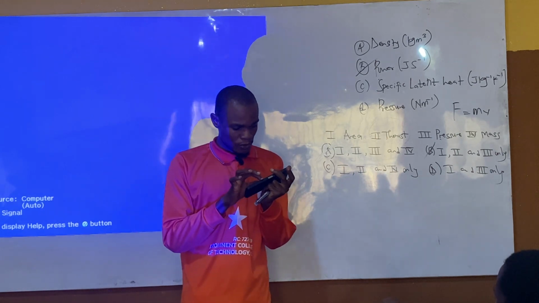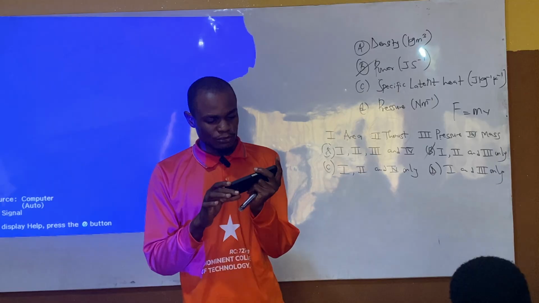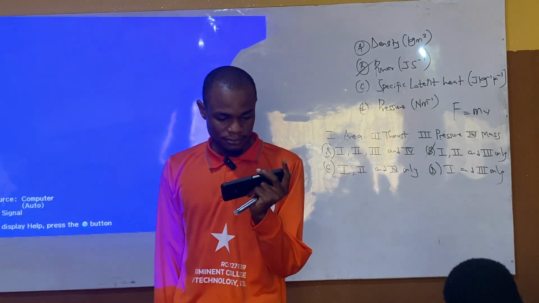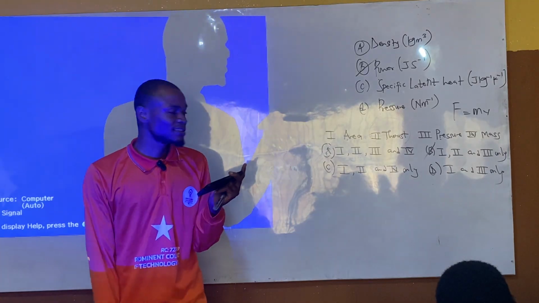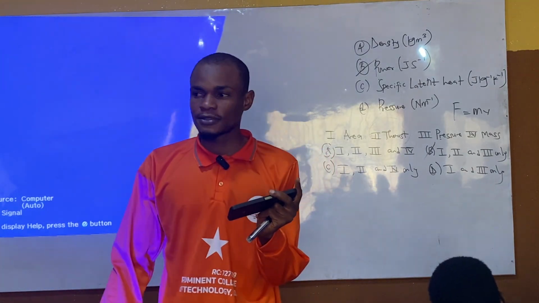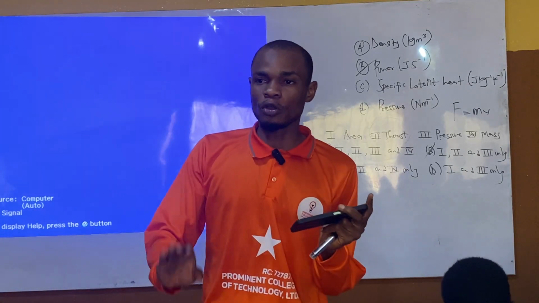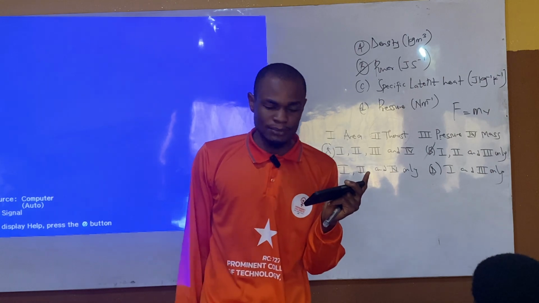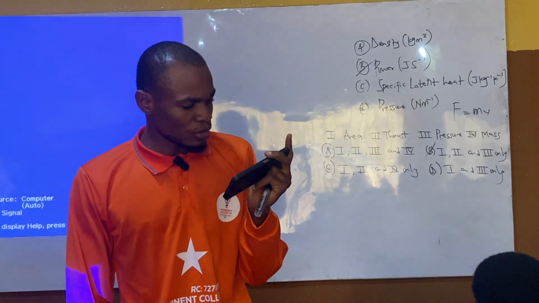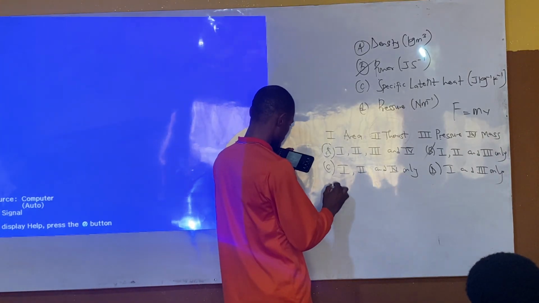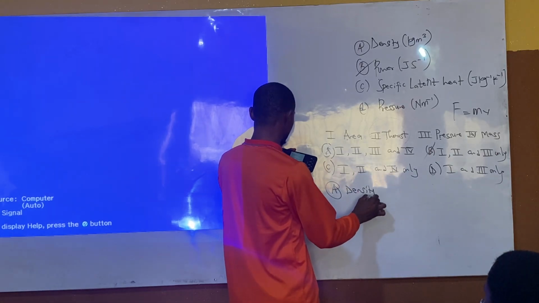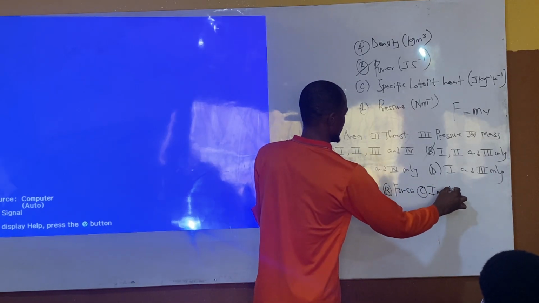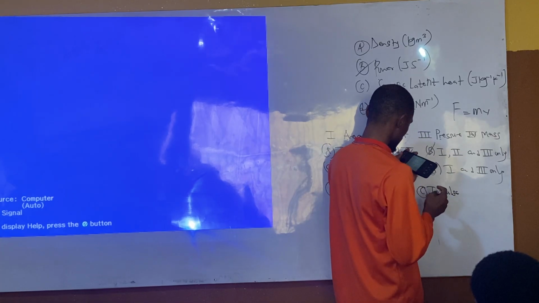What's the next question? Which of the following physical quantities has the same units as that of the product of mass and acceleration?